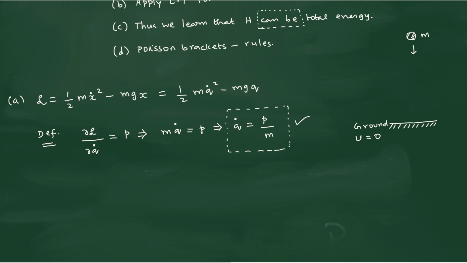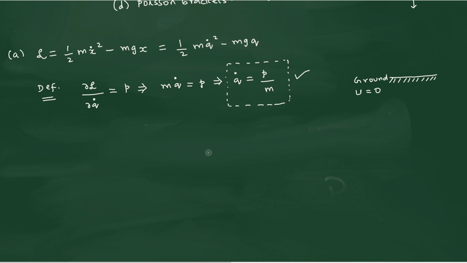Once this particular intricate topic is clear, the rest is to write down the Hamiltonian definition, namely P into Q dot minus the Lagrangian. Since we have only 1 degree of freedom, there is only one P and only one Q, so the situation should be simple. Now we'll have to substitute.